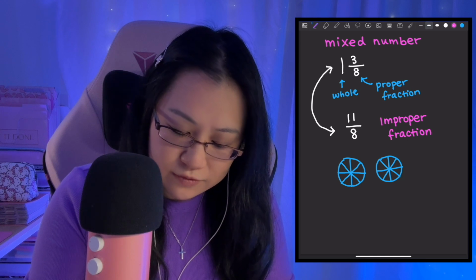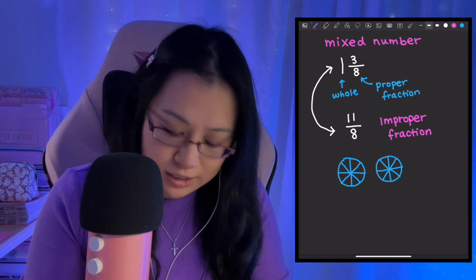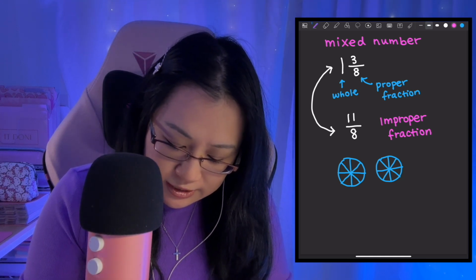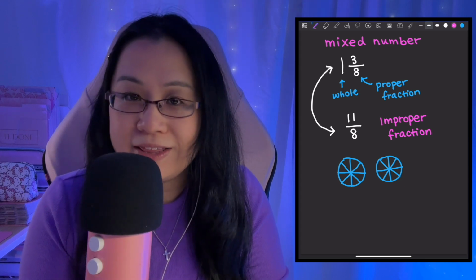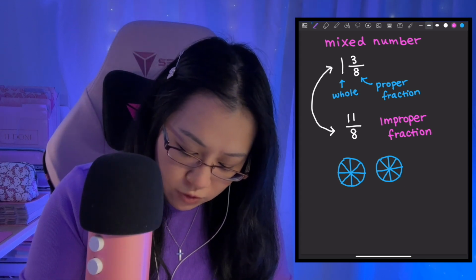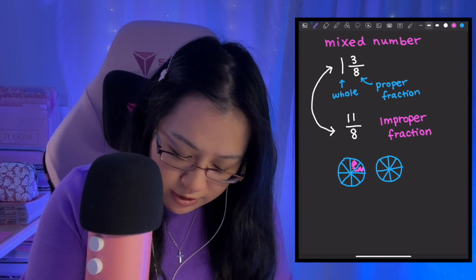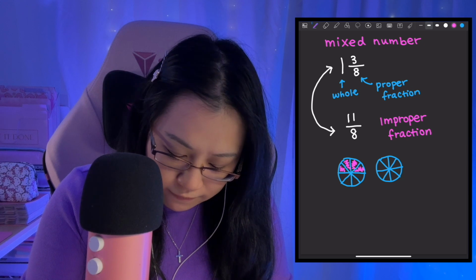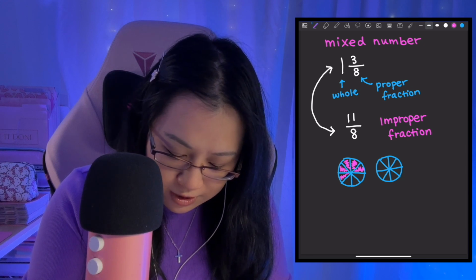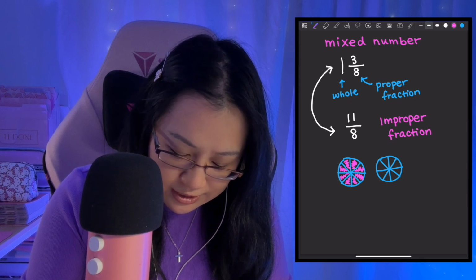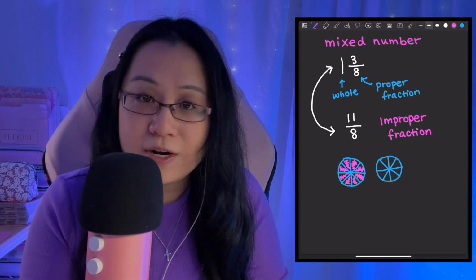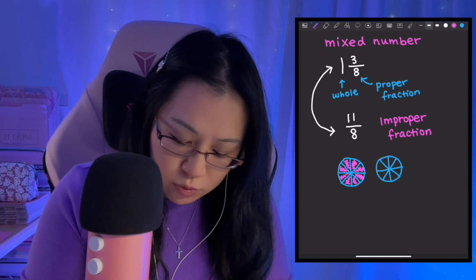So in this case, for one whole pizza, how many of these 1/8 slices do we have? Well, for a whole pizza, we have 1/8, 2/8, 3/8, 4/8, 5/8, 6/8, 7/8, and 8/8, right? 8 1/8 pieces make up the one whole.